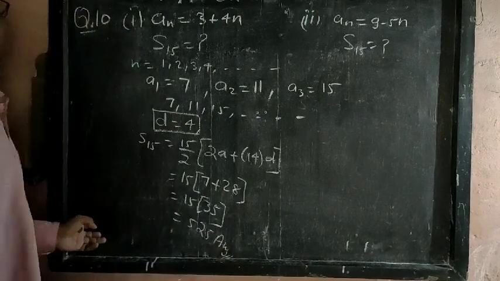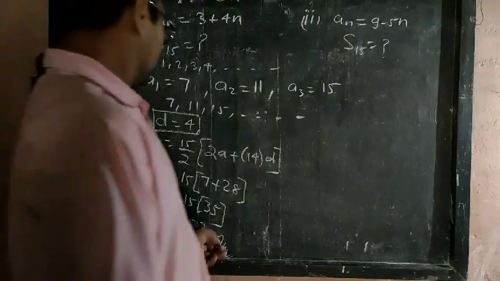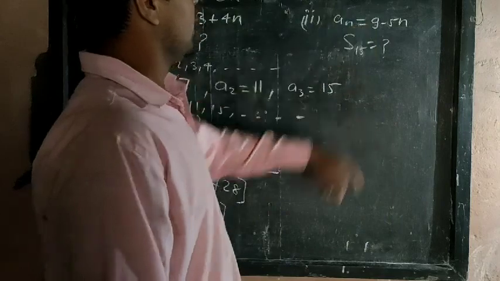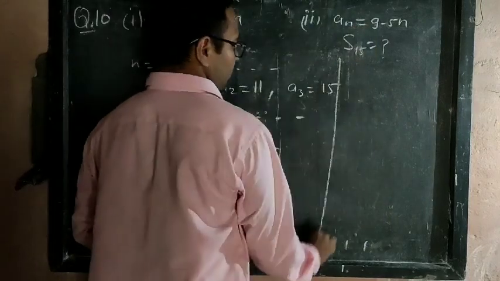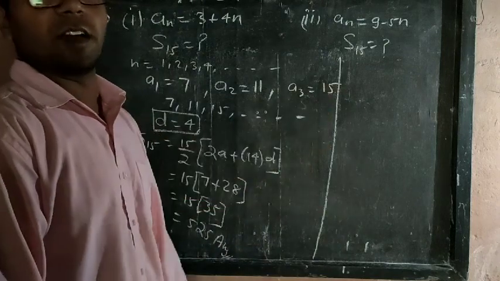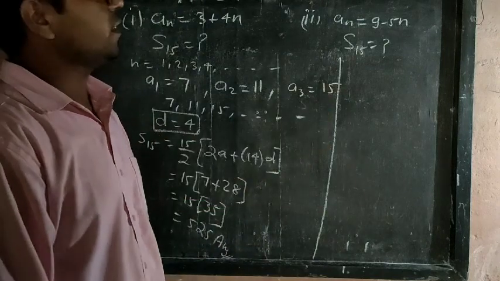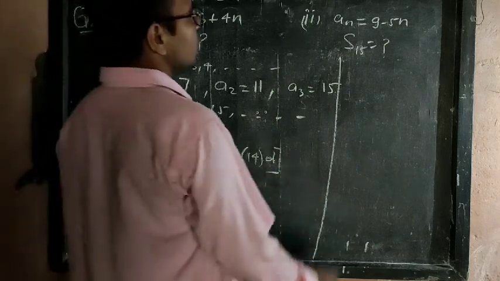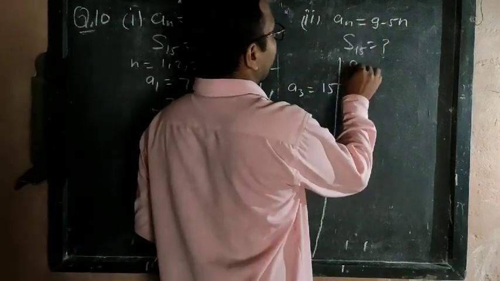So now students, in the same way we can do the second part, that means a_n equals 9 minus 5n. The first part we have completed. In the same way, students, you can complete your second part also. If there is any problem, then ask. Either way, let's see. So a1, how much will you get here?